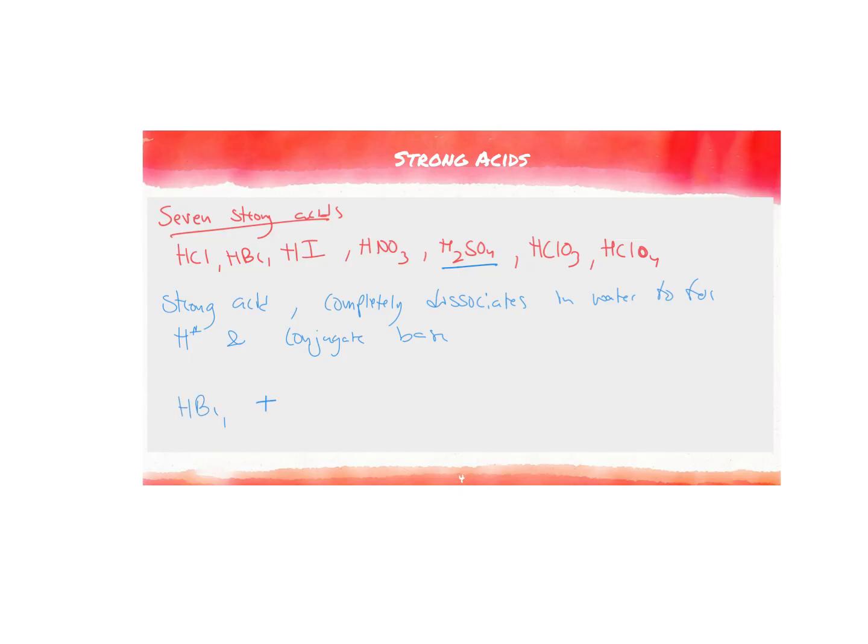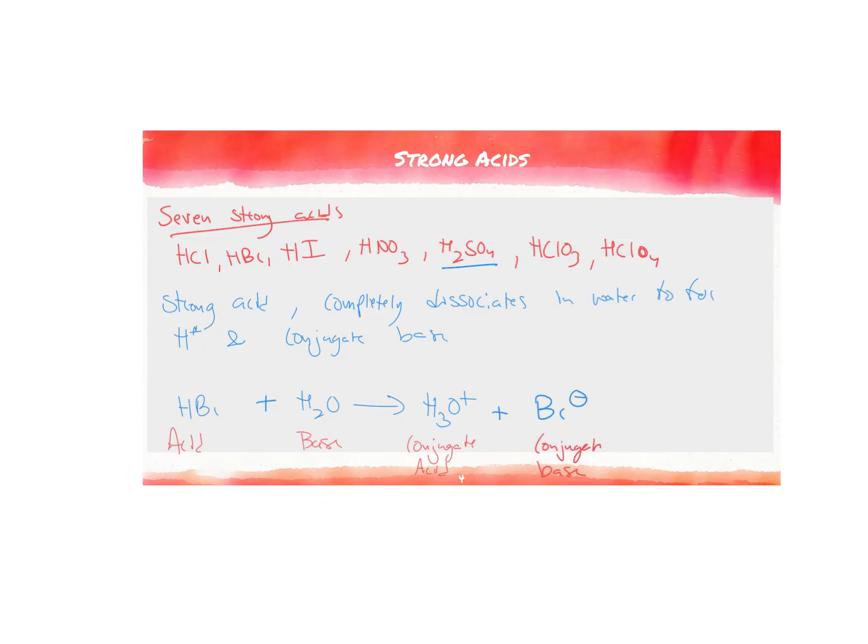If I take HBr and I add it to H2O, that means that it's going to completely make H3O plus and Br minus. Here's our acid. Water in this case is our base. It's going to make H3O plus, which is our conjugate acid, and Br minus, which is the conjugate base.